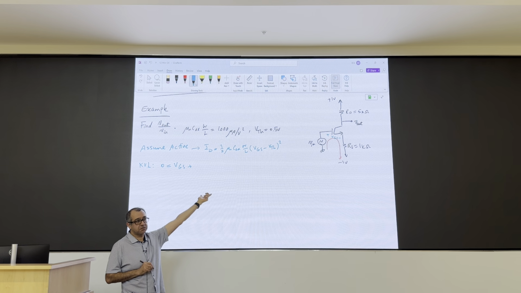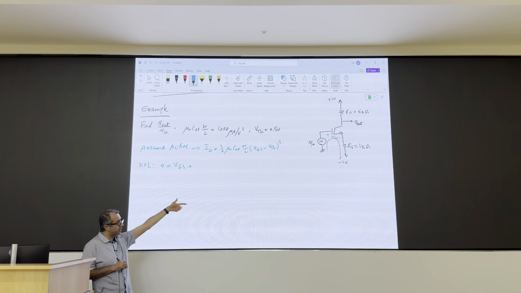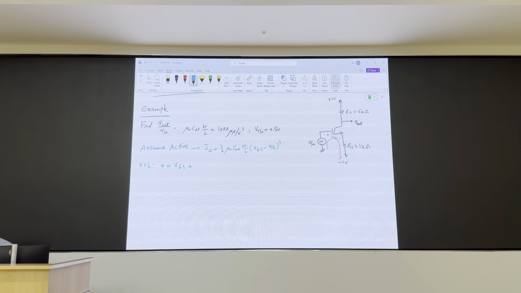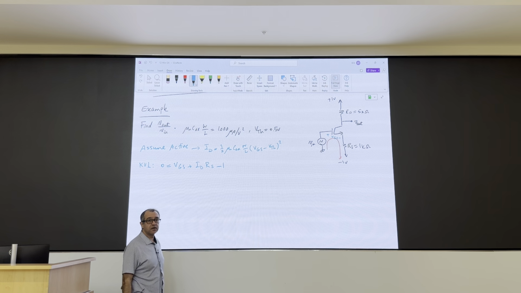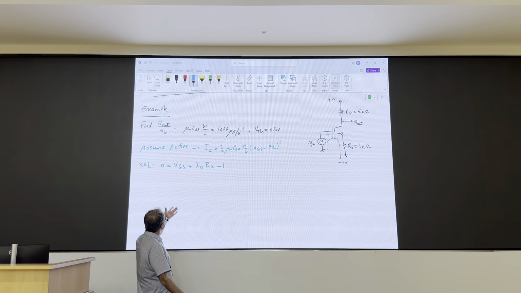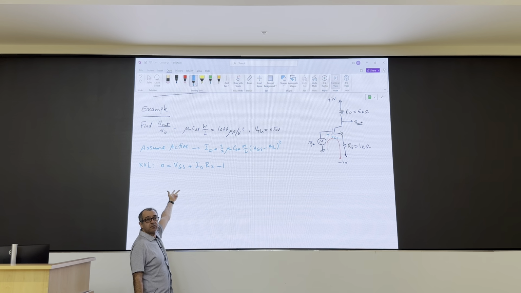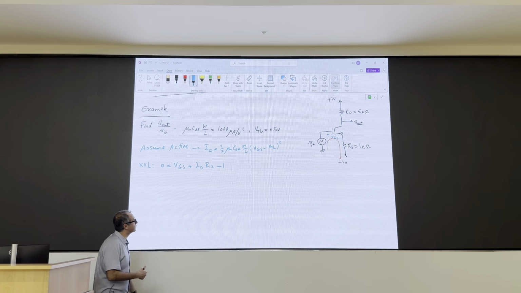Because IS is the same as ID. So, plus ID times RS, minus 1. I end up at the negative supply, minus 1. Okay? And good news, the same variables that I have in this equation are the same as the ones in the top equation. Two equations, two unknowns, I should be able to solve this.